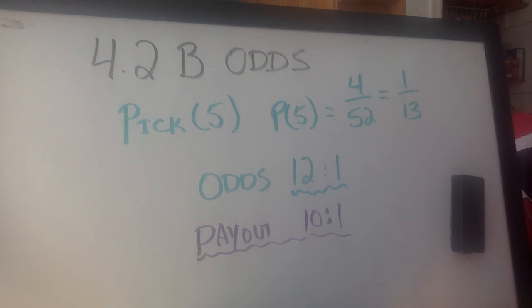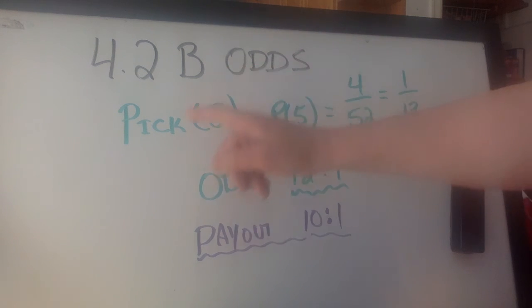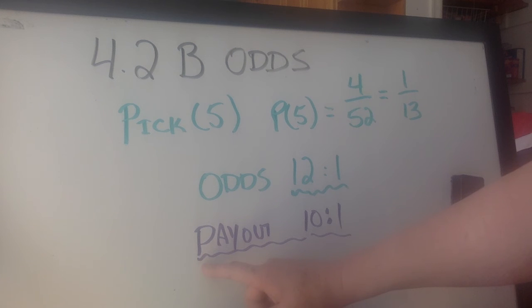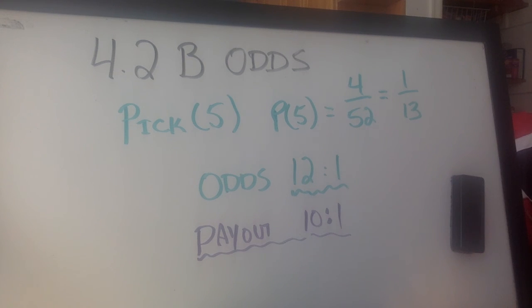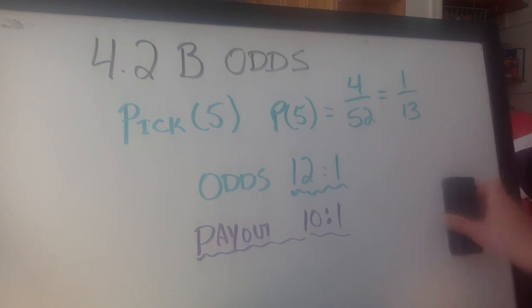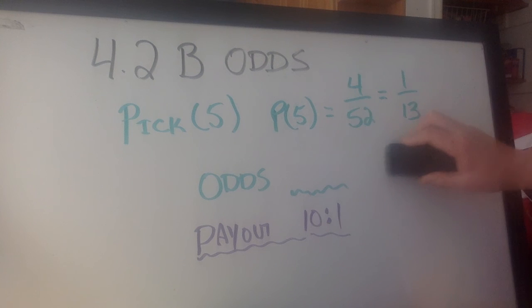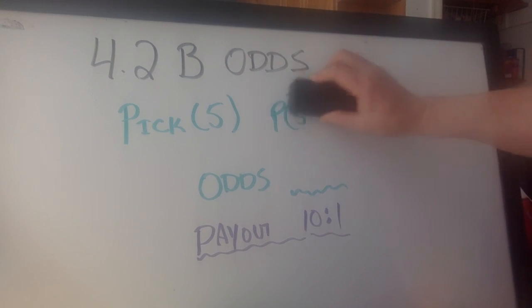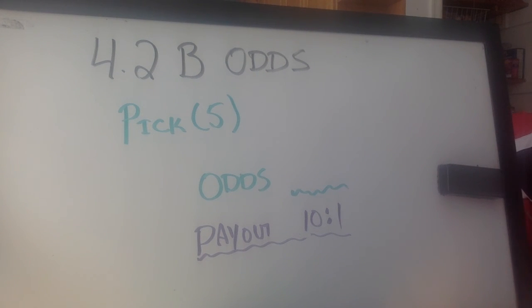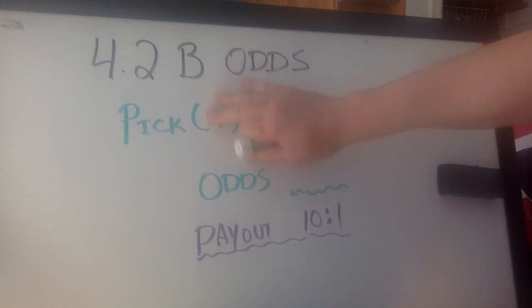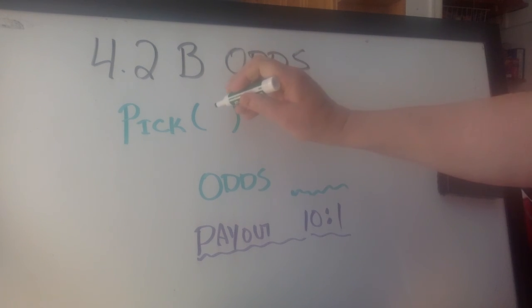So one of the questions on the homework is, go ahead and do this, and then it will ask you, what would you make the payout? If this is something different, say your odds are different, you do a different problem. Let's just say, instead of picking a 5, let's pick a heart. Hearts are easy to draw.